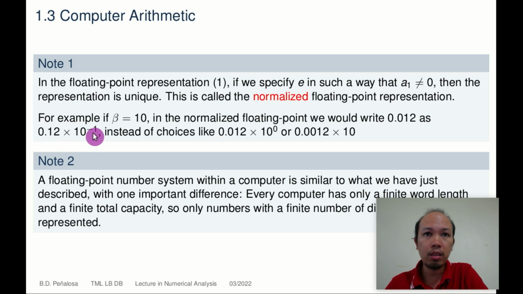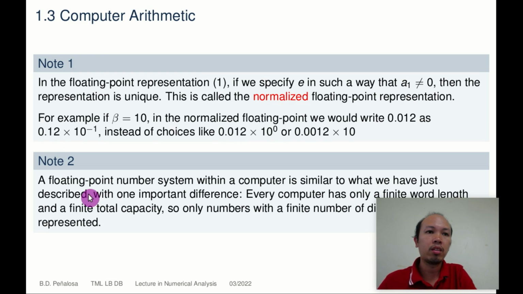So we will not use the other notation, because it says that a sub 1 must not be equal to 0. If a sub 1 is not equal to 0, then that representation is what we call a normalized floating point representation. So the correct answer is this one, because 1 here is of course not equal to 0.